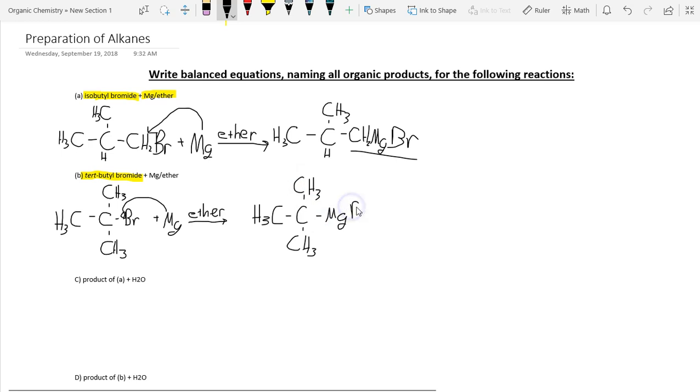This is just the first step in hydrolysis with the Grignard reagent. You're trying to get an alkane, but this isn't an alkane. This is your Grignard reagent. So how do you go from this to an alkane?